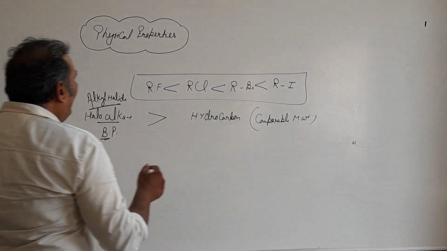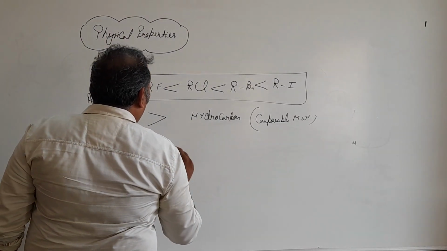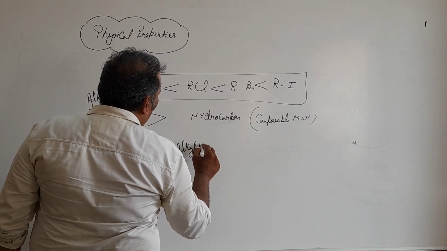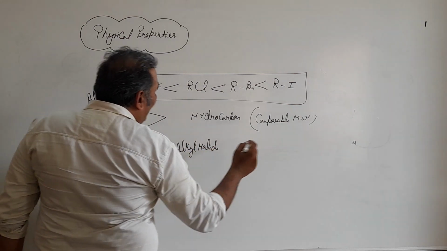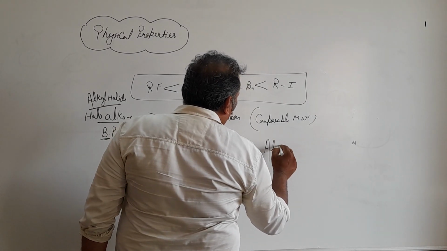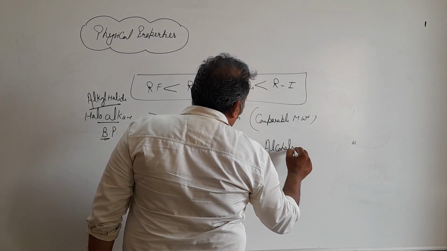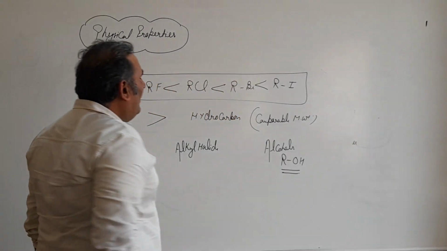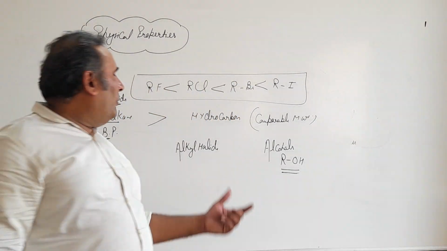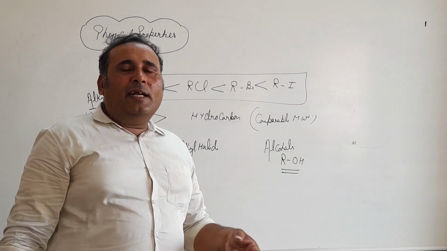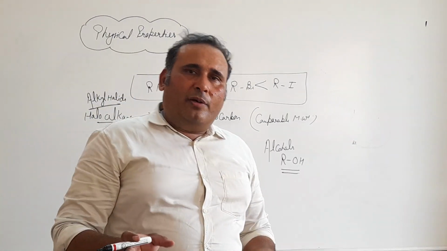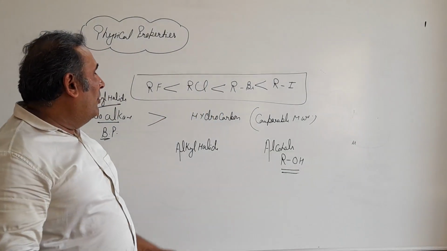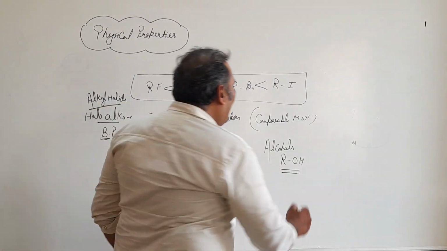But if we compare haloalkane or alkyl halide with alcohols, ROH, if we compare the boiling point of alkyl halide and alcohol of comparable molecular weight, means the molecular weight should be approximately similar, we all know that alcohols have OH.